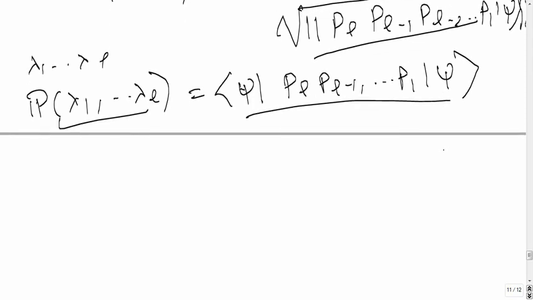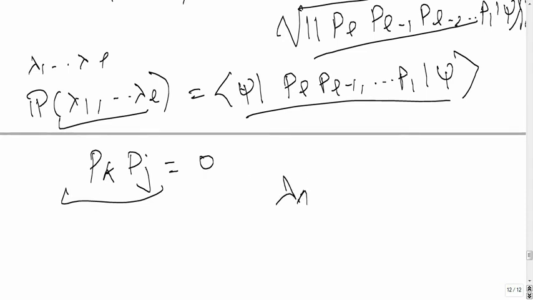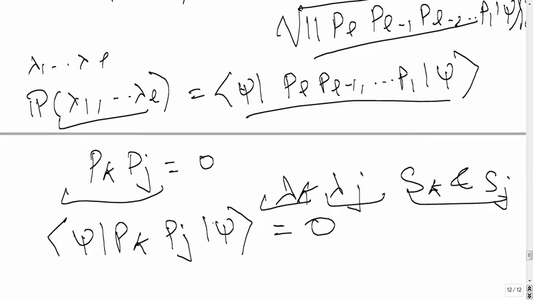Note that if the multiplication of any two projection operators P_k and P_j gives us 0, where these correspond to two eigenvalues lambda_k and lambda_j of the observables S_k and S_j, then obviously the two values lambda_k and lambda_j cannot appear simultaneously as a result of measurement.